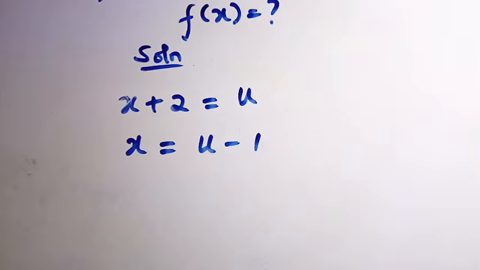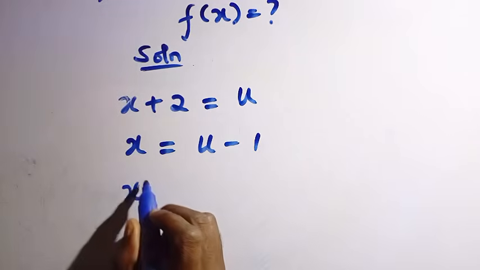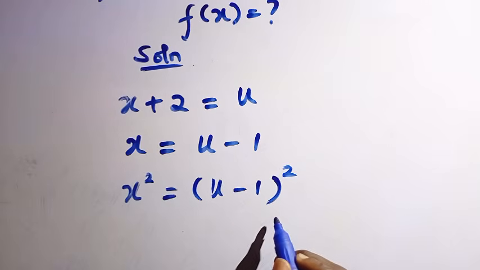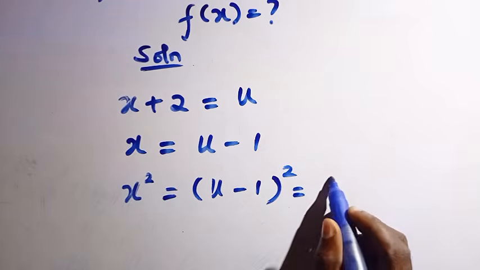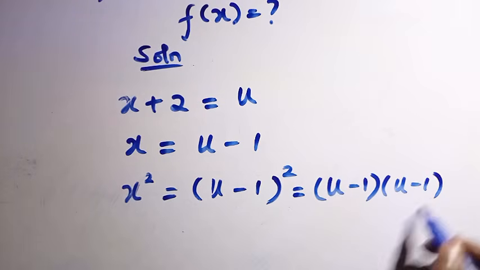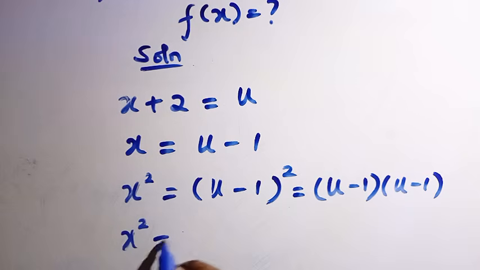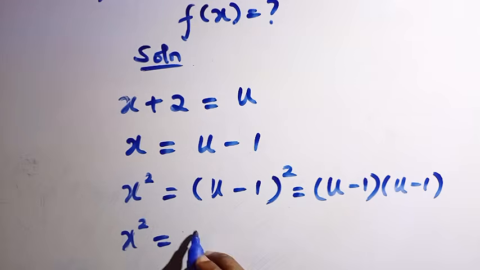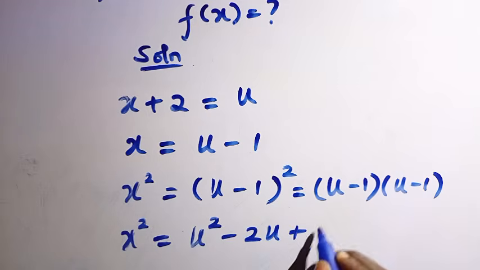On getting this, we take the square of both sides, so x squared equals u minus 1 squared, which can be written as u minus 1 multiplied by u minus 1. This gives us u squared minus 2u plus 1.